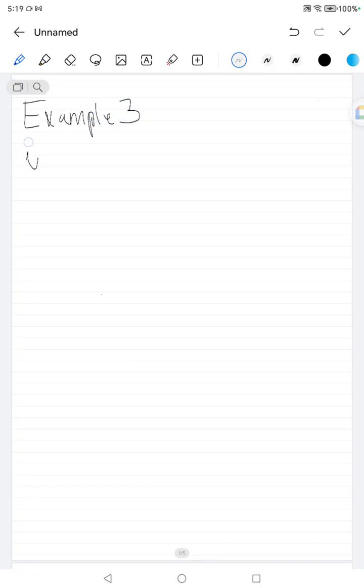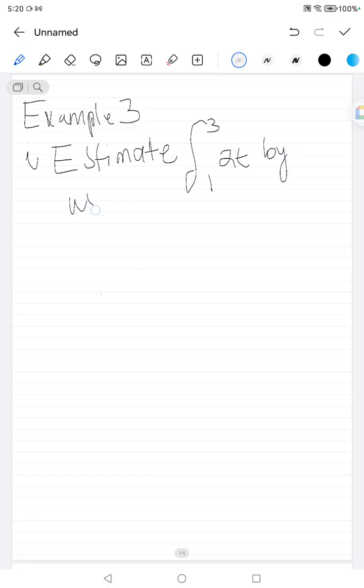They tell you that for the first question you have to estimate the integral between 3 and 1 of 2t by using 4 subintervals.